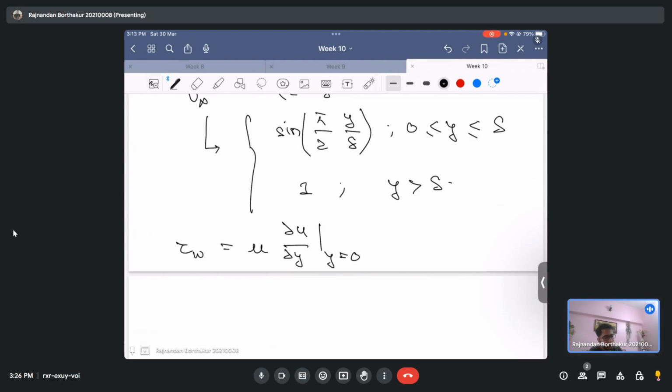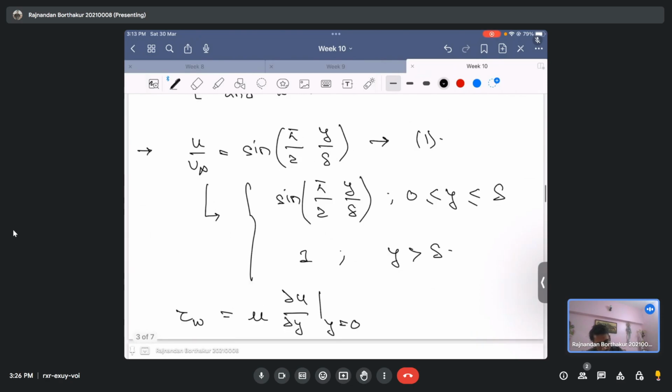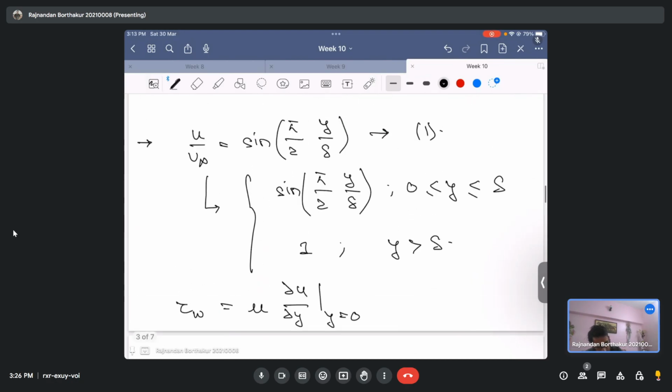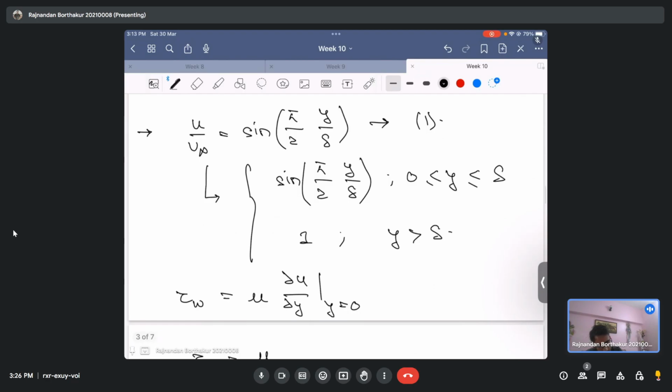So if you evaluate this, at y equal to 0 we know the velocity profile is this, so our tau w is mu times del u by del y evaluated at y equal to 0.